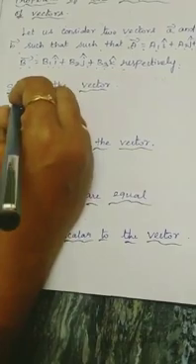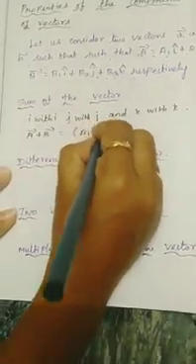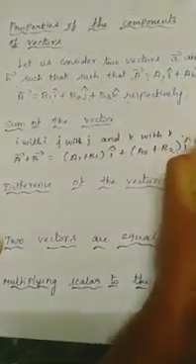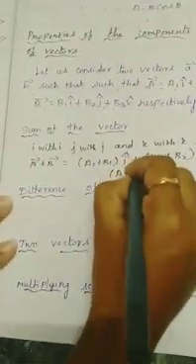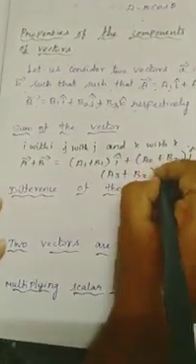So we have to add the coefficients, that is i with i, j with j and k with k. So if you are adding the two vectors, a vector plus b vector is equal to a1 plus b1 i cap plus a2 plus b2 j cap plus a3 plus b3 k cap.